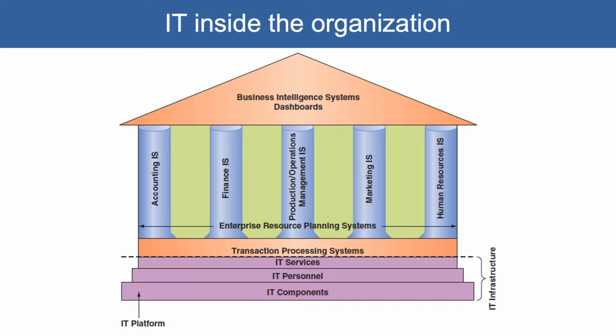And so we'd have an information system for accounting, the accounting IS, for finance, the finance IS, for production, operations, management. We have some other systems for management, for marketing, or for human resources. So these are our typical silos that, when information systems were introduced in organizations, this is typically how it would have happened. So over time, these became more integrated.